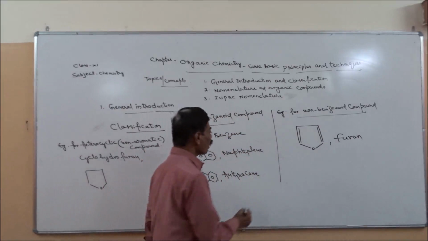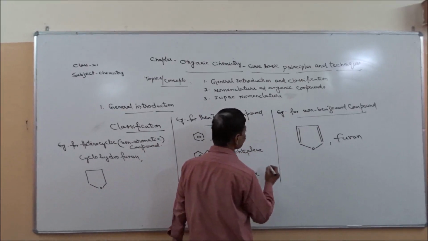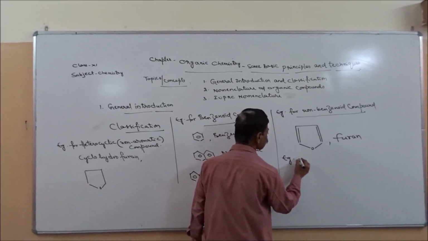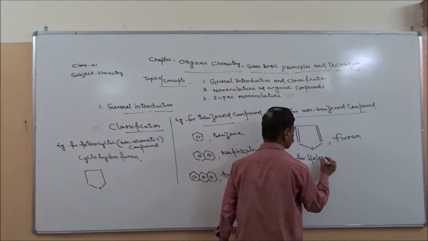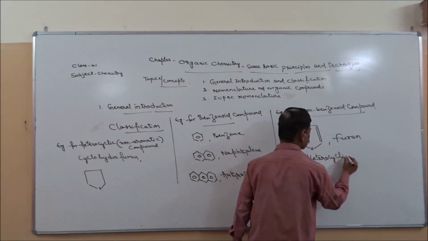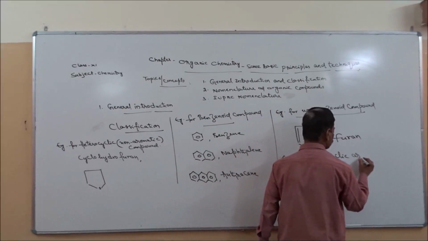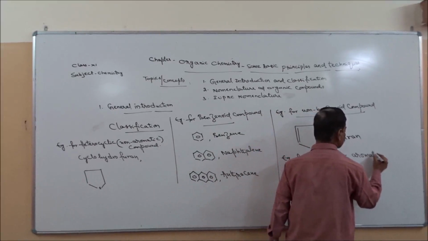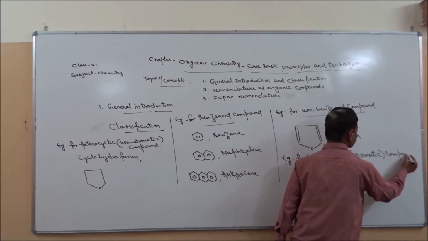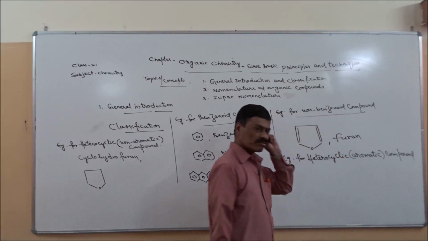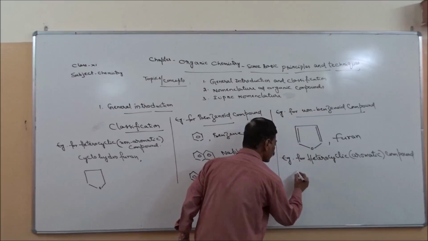That's all. And the last one is an example for heterocyclic aromatic compound. The best example for this is pyridine.